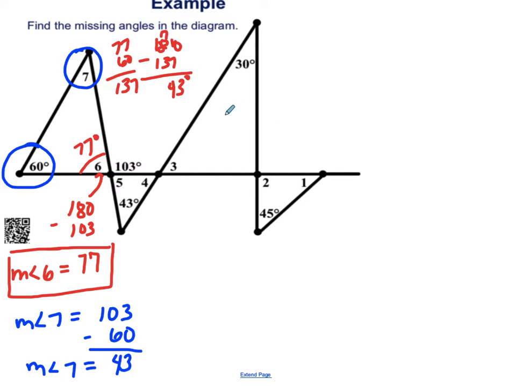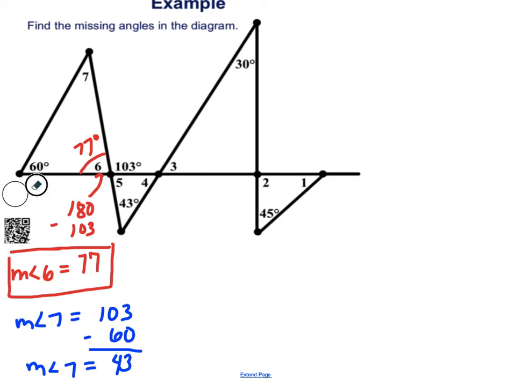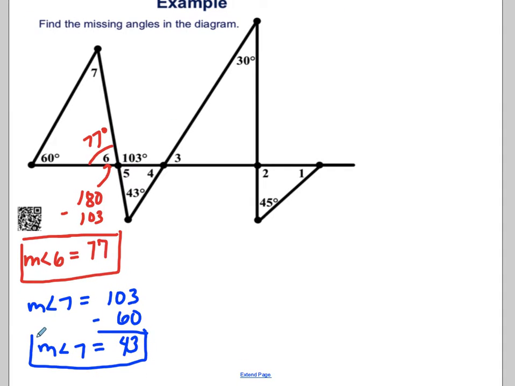So as you can see, whether I use the exterior angle theorem or the triangle angle sum theorem, you still wind up with 43 degrees. Let me erase this. And now we know two angles. See, we're working. The measure of angle 7 is 43. Now I can move on to the rest of them.